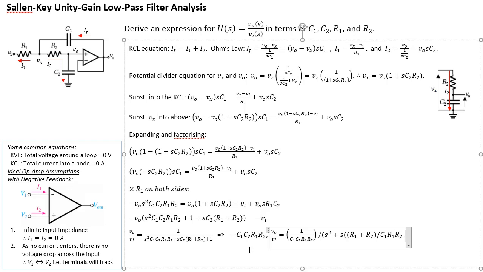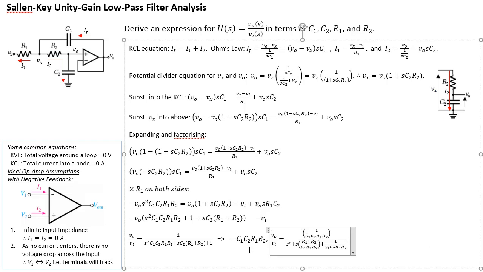And then close that. Okay, that's what it's going to be. And then finally, plus 1 over C1, C2, R1, and R2, remember, we're dividing everything by this term. And I close the bracket, and there you go.